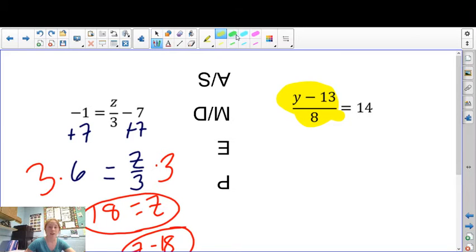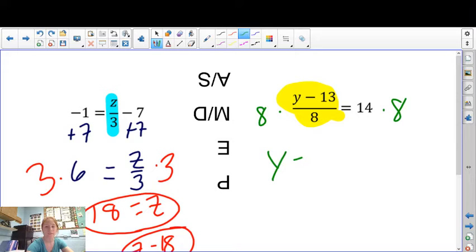Whereas if I looked at the problem ahead, only this guy had the division. The 7 was off by himself. So when I have the division going to everything, I have to undo it. So I'm going to start by multiplying both sides by 8. So I get y minus 13, because again, these 8s are gone, is equal to 112.